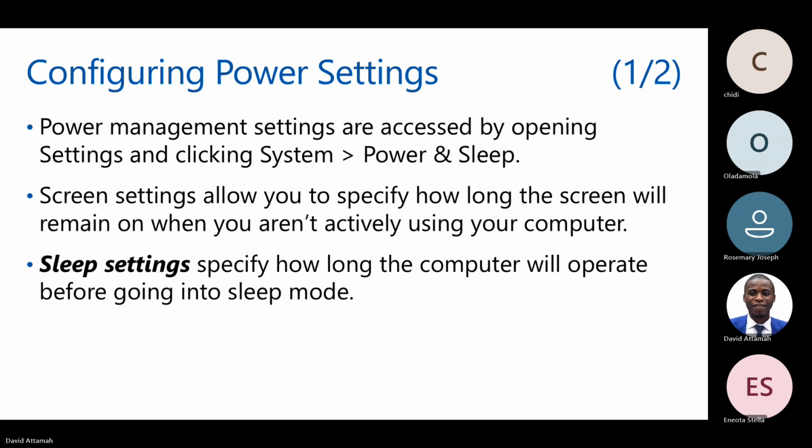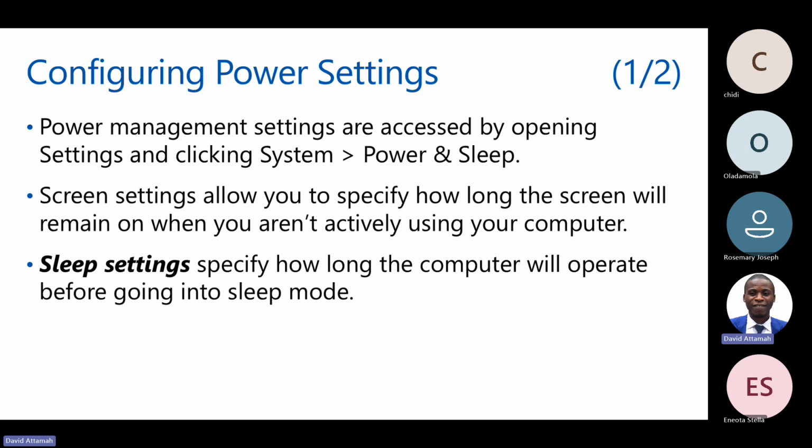And under Power Options, this can be found under your control panel. So when you press your Windows Start button, you see the power options or power. Sometimes it's using power or power options. So when you click on it, you mostly see by default sleep, shutdown, and restart.